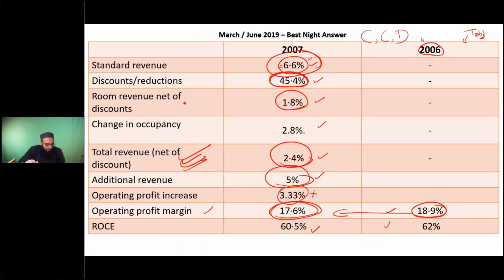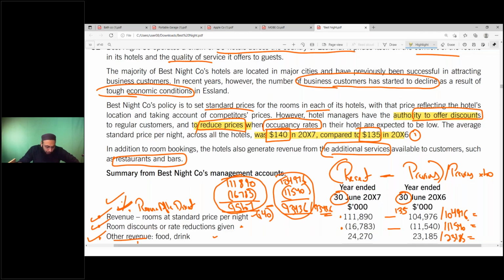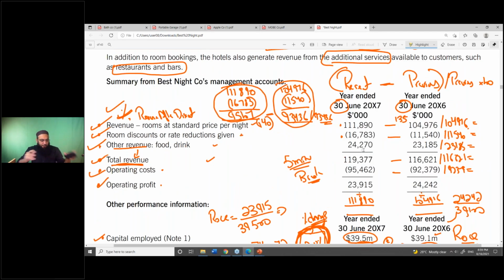Okay. So let's see. The operating cost increases by how much percent? I think I haven't worked out that. Oh, bad. So let's use a calculator.